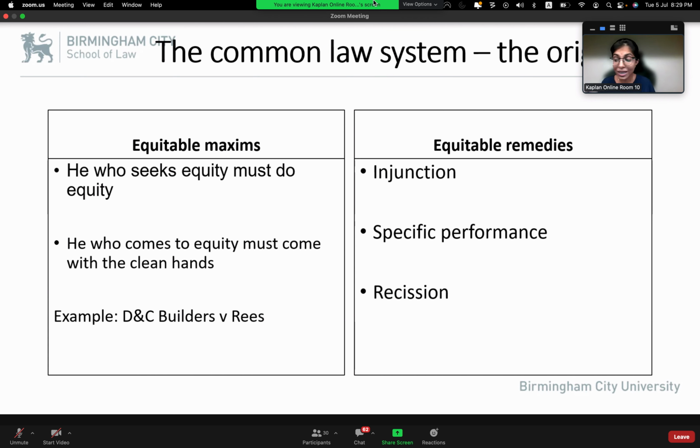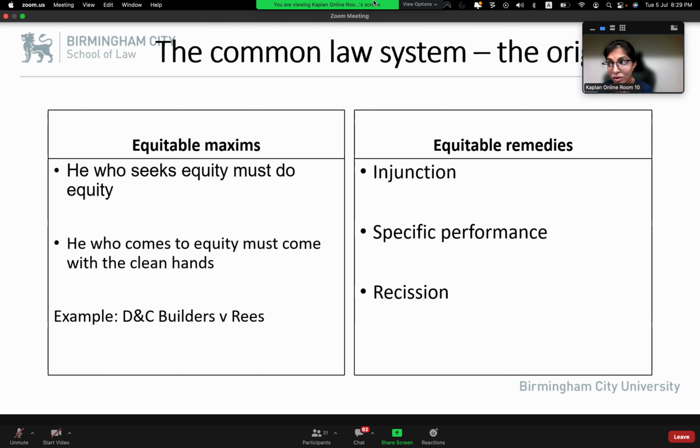If you want the Chancery Court to protect you, then it is important for you to also have a clear conscience.